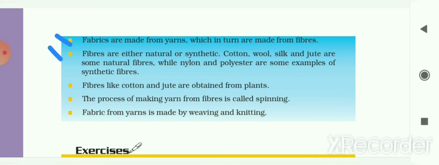Cotton, wool, silk and jute are some natural fibers, while nylon and polyester are some examples of synthetic fibers. Fibers like cotton and jute are obtained from plants. The process of making yarn from fibers is called spinning. Fabric from yarns is made by weaving and knitting. So in this chapter we have seen the explanation, and it all gets over.